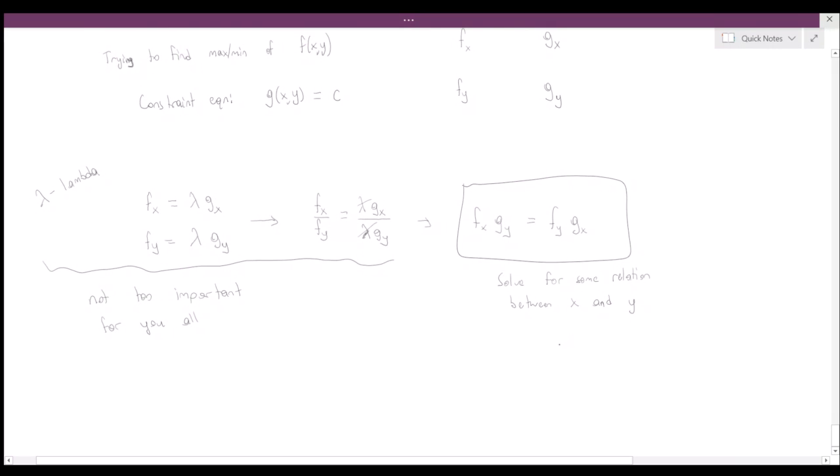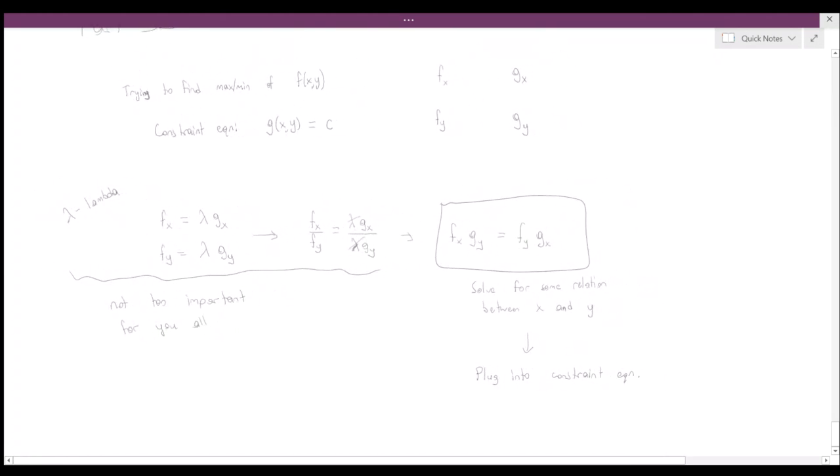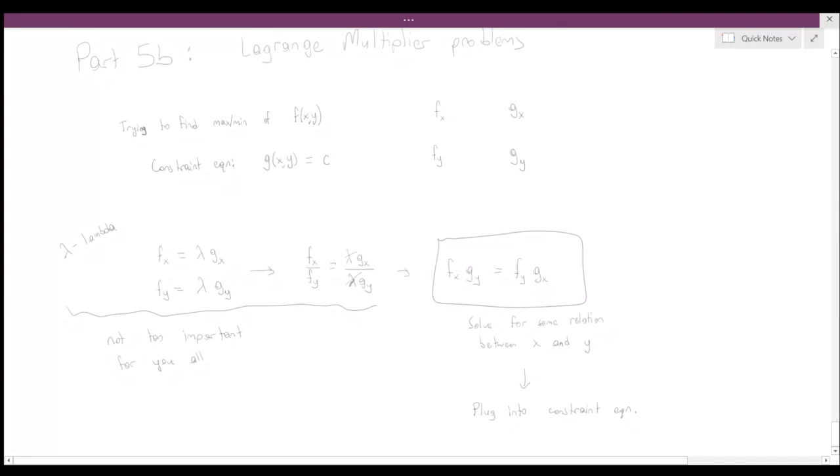And then after that, you're going to plug into your constraint equation. And from there, you should be able to solve for x and y, okay? So that's kind of a bird's eye view of the procedure. So first step is getting the partial derivatives. Second step is this. And then third step is that. It's kind of roughly speaking, okay? So we'll see how to apply that to some of our problems.